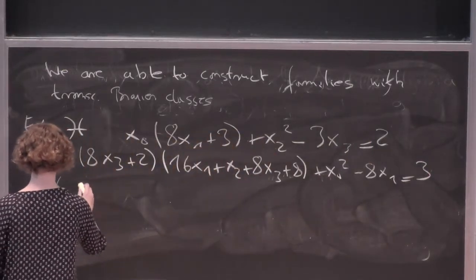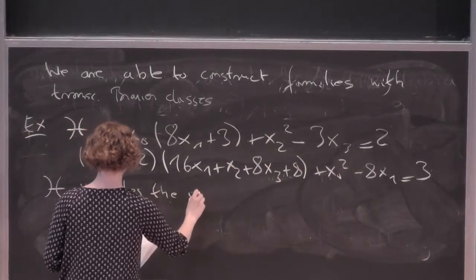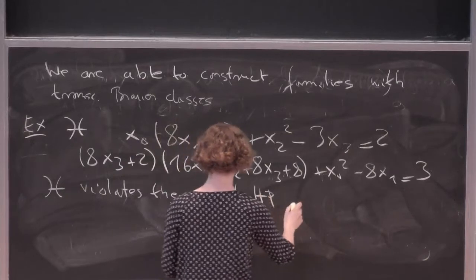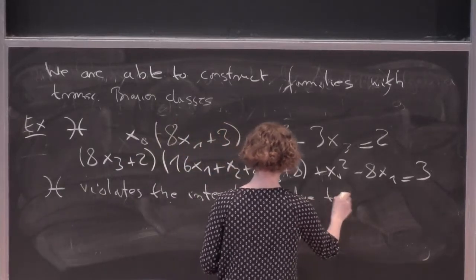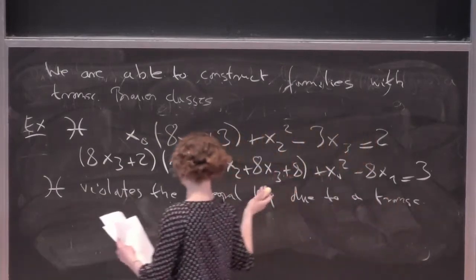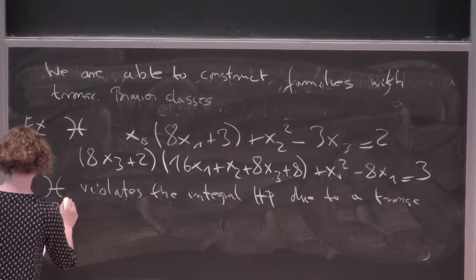This is an example where this violates the integral Hasse principle, due to transcendental Brauer-Manin obstruction, or better to say it can be explained by transcendental Brauer-Manin obstruction.